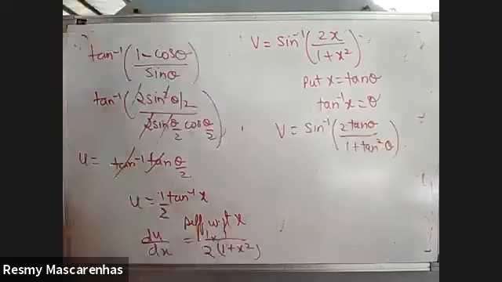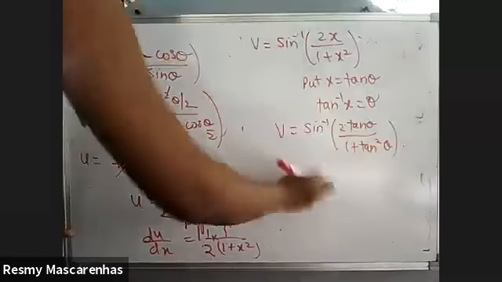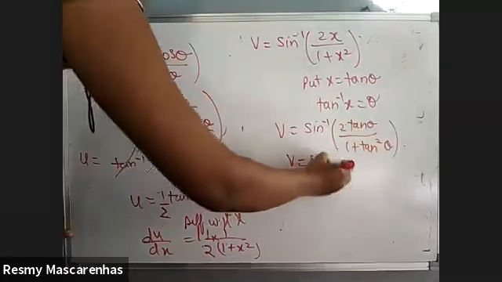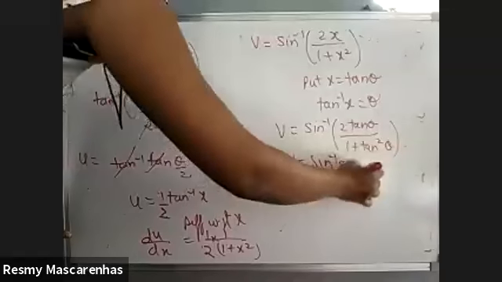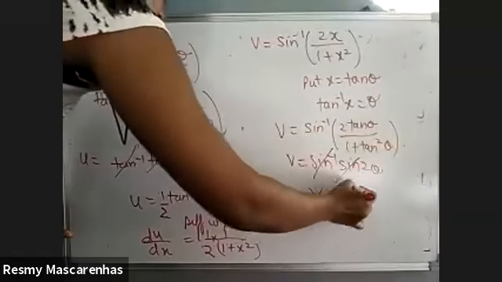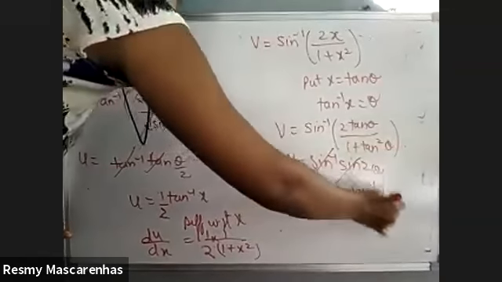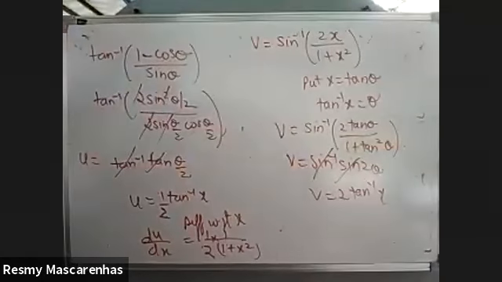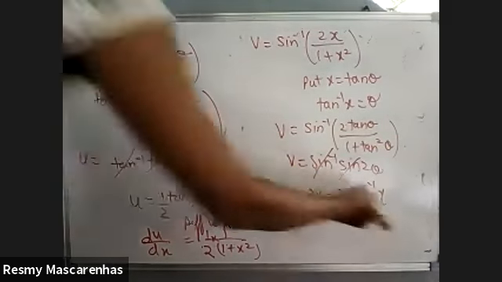And I have given you the formula. 2 tan theta upon 1 plus tan square theta is sin 2 theta. And now differentiate.